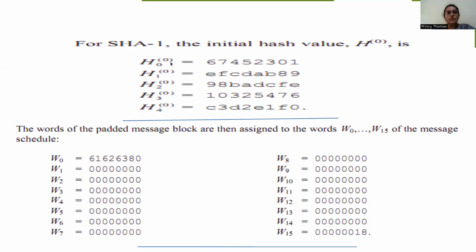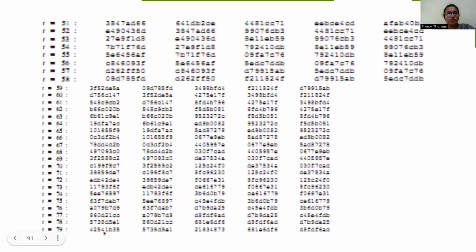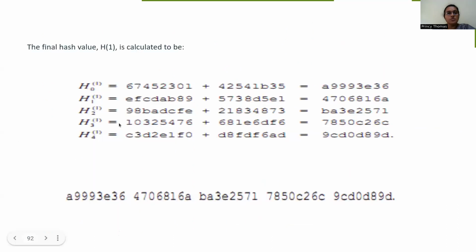So in the 0th step, the initial hash value was 67452301. After the first round, the hash value is 42541B35. So over here, the previous value and the current value are added, and that is our next hash. In the next round, the initial hash values will be these 5 values. And in this particular case, since there is only one block, this is the final hash, or SHA message digest, for the string ABC.